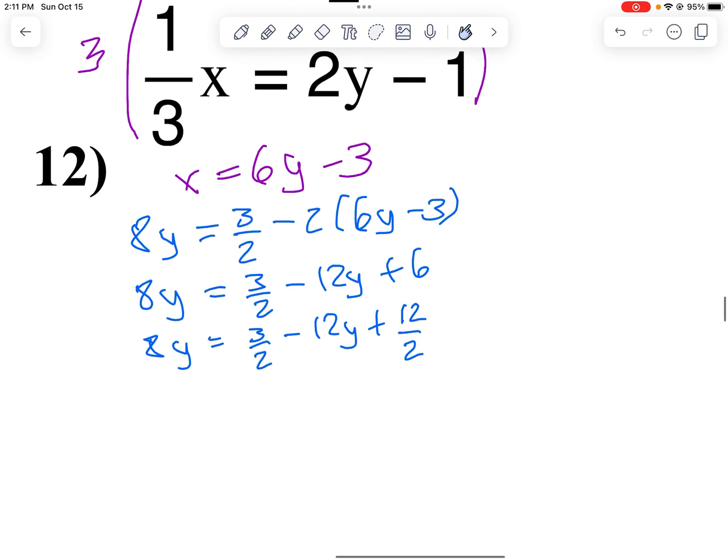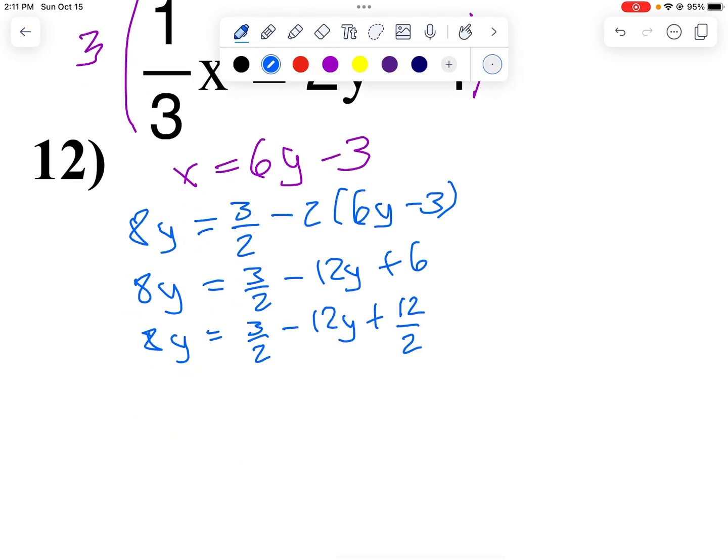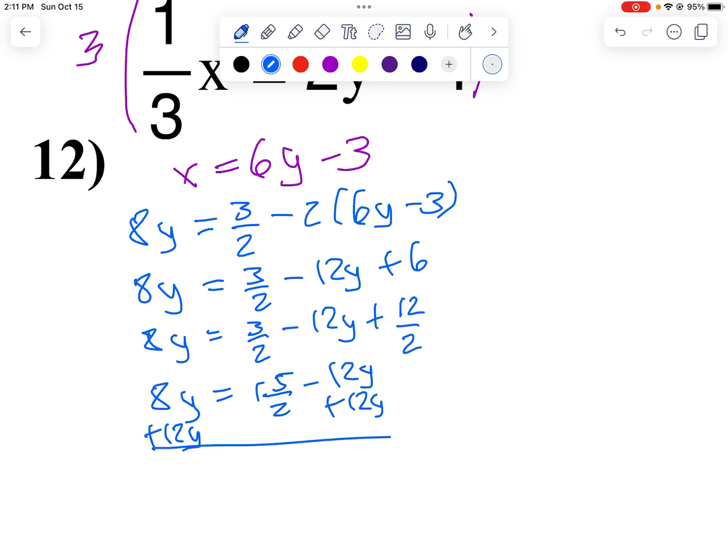Now we can combine our numbers. So we get 8y equals 15 halves minus 12y. Well, let's add 12y to both sides. So we get 20y equals 15 over 2.